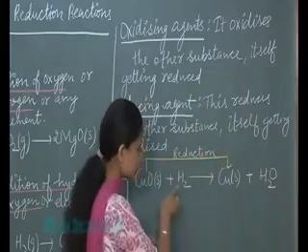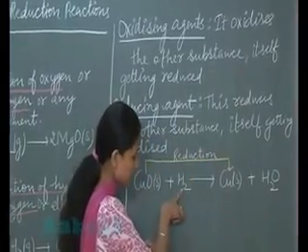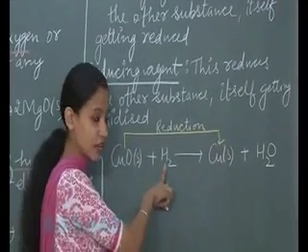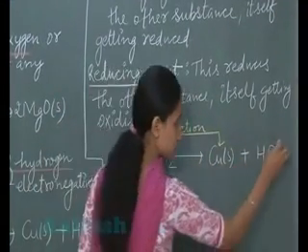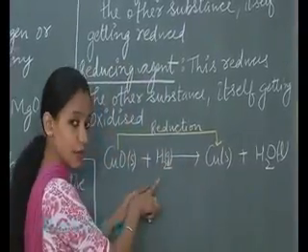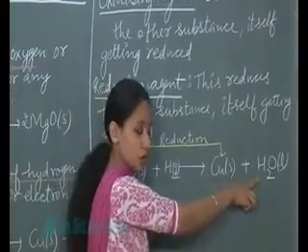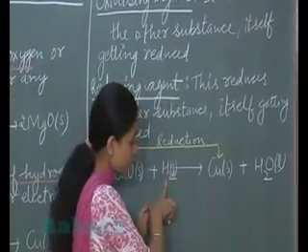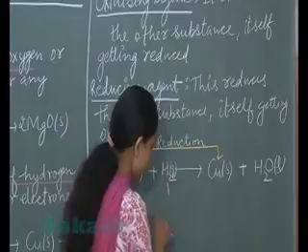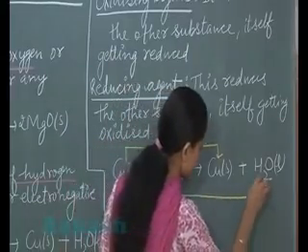And what happens to the second reactant? Students, see here, in this hydrogen, oxygen is getting added to give you water. This is in liquid state, hydrogen is in the gaseous state. Now students, what is happening here? To the hydrogen, oxygen is getting added to give you the product water. So when oxygen is getting added, this reaction is oxidation.